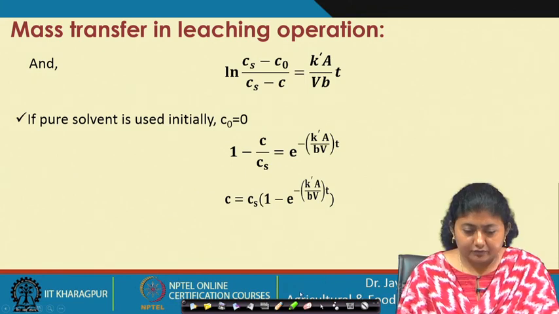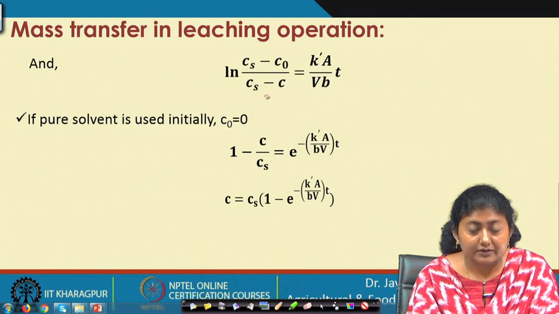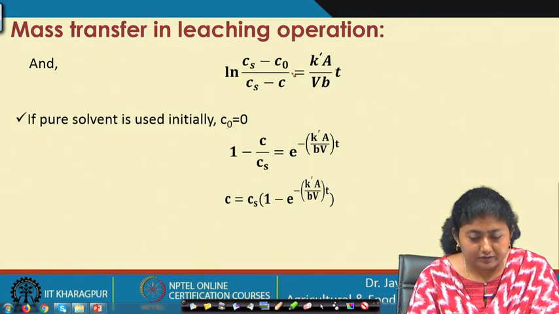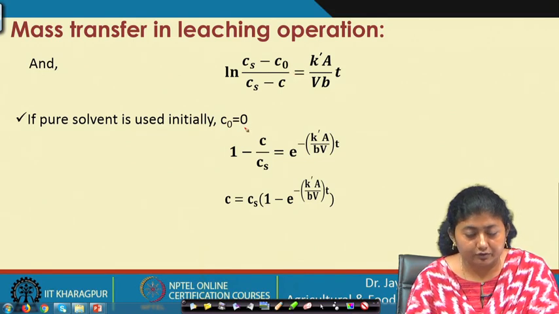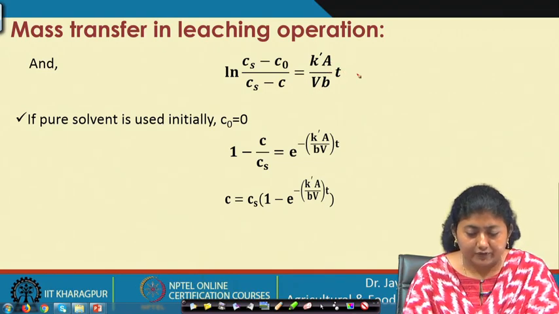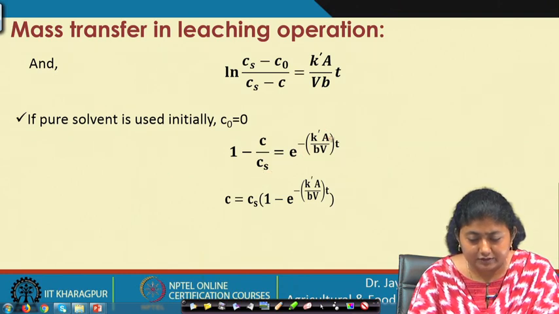So we are getting this equation as ln of (Cs minus C0) by (Cs minus C). In pure solvent the concentration C0 is initially taken as 0, there is no trace of the solute in it, and this is equal to k dash into A by V B into t. Further from this we can write 1 minus C by Cs equal to e to the power minus k dash A by V B into t.